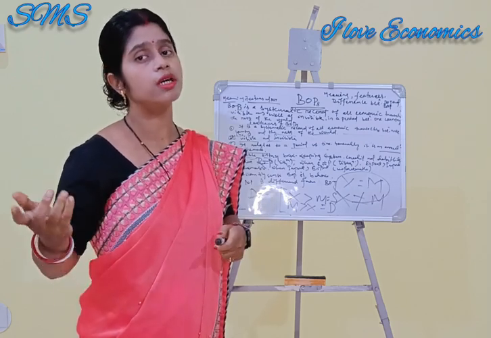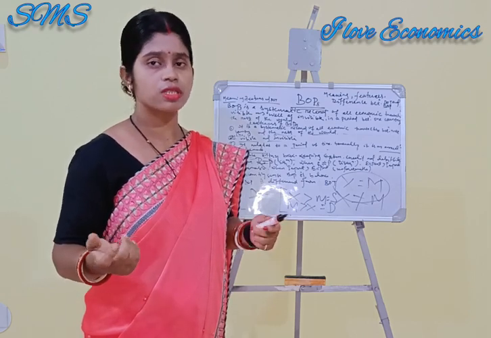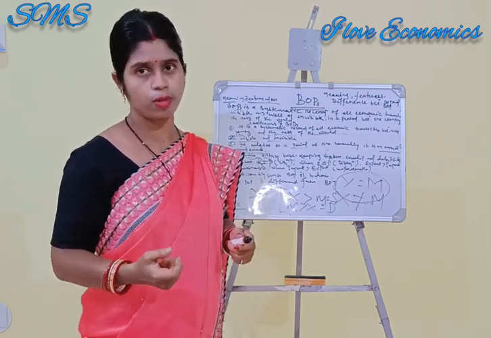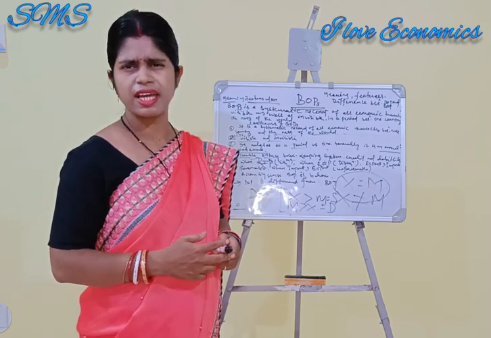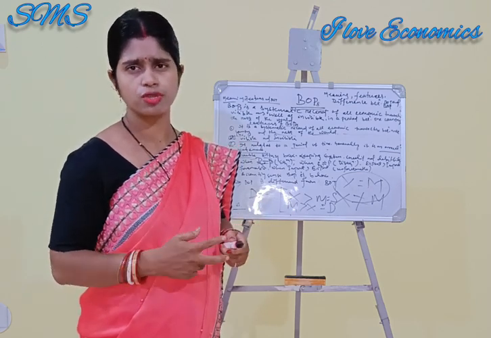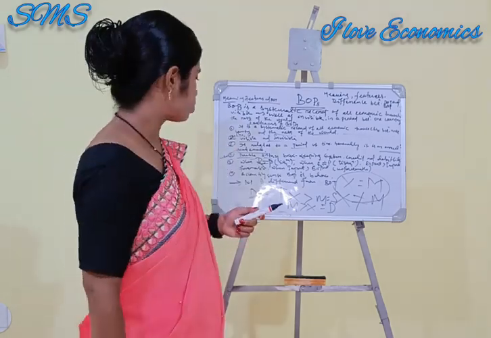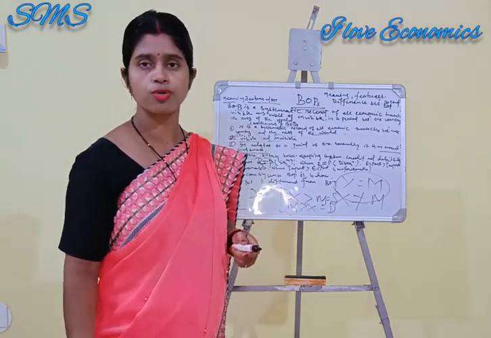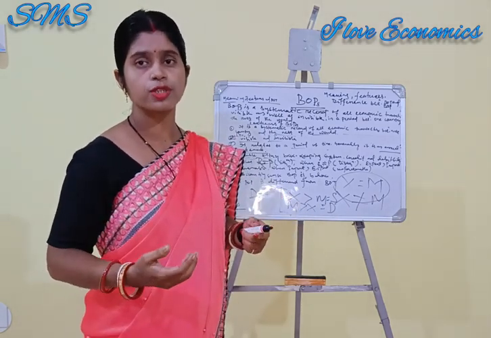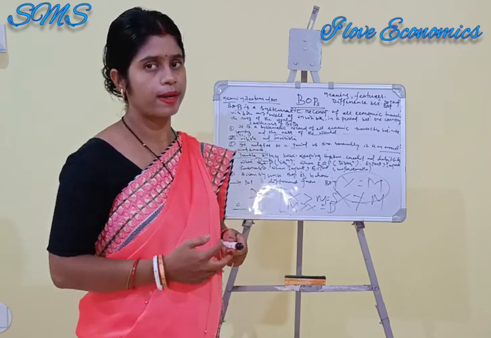The problem lies in the deficit, when our import is greater than export. This is the most important problem, because it is known as deficit balance of payment. This is a very dangerous situation for the country. So we always want a surplus balance of payment, and different types of measures are adopted to remove the disequilibrium, to correct the disequilibrium balance of payment.